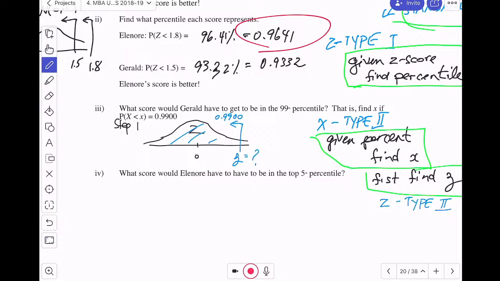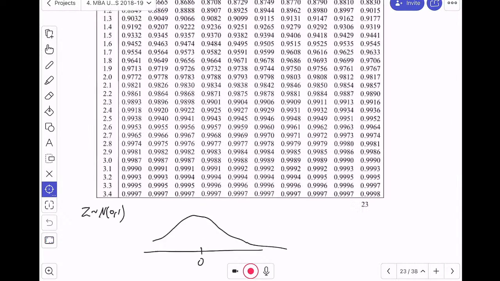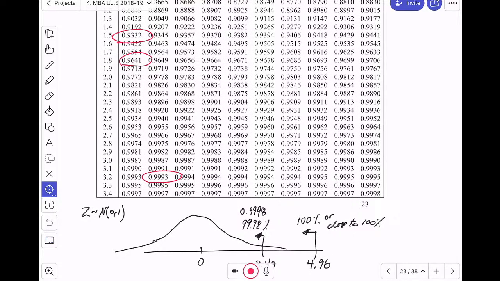I go to the table and first look inside the table for this value, and then along the margins to find the Z. When I look for 0.99, these are all to 4 digits. There's these two here: 0.9901 and 0.9898. This one differs by 0.0002 and this one by 0.0001, so this one is closer.